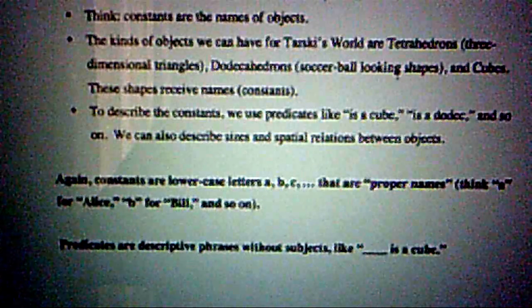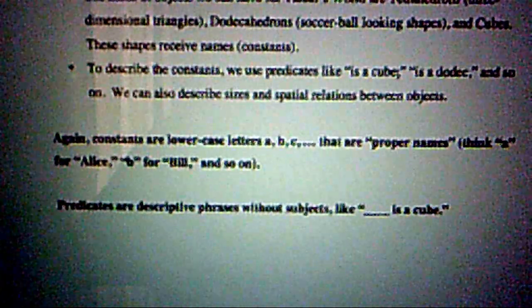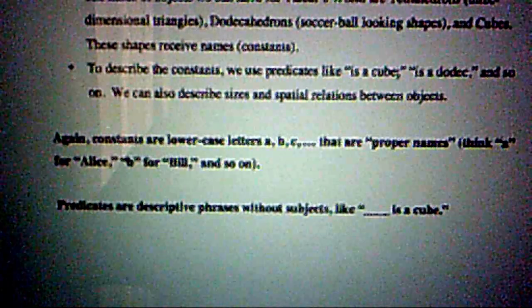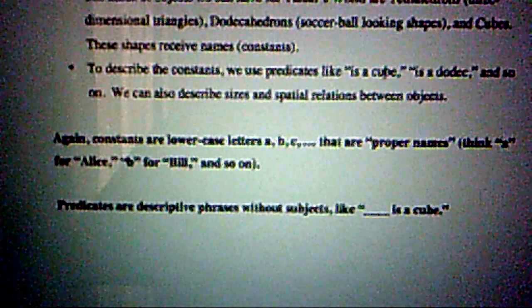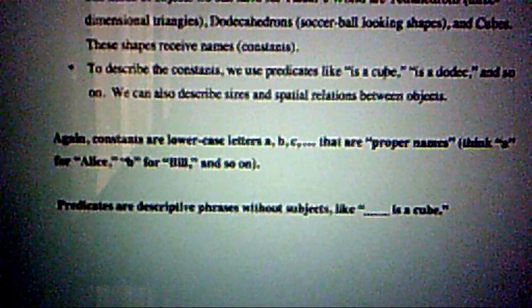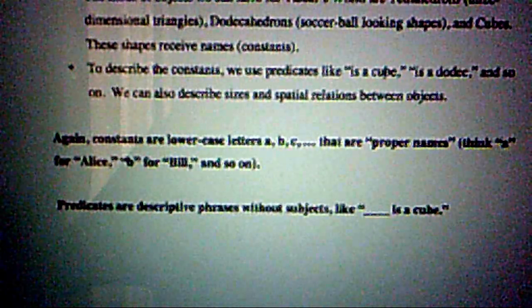And then on the other side, besides constants, we have predicates to describe what's going on. In the language of logic, we're going to be using a very restricted language that Tarski's World and the other programs are getting at. And we have three kinds of objects.